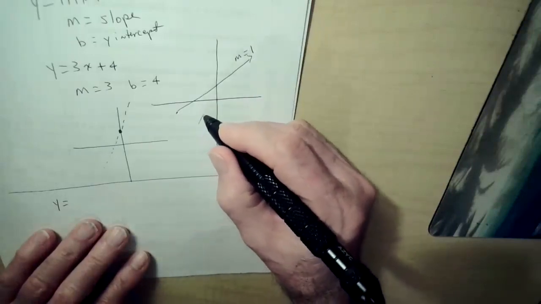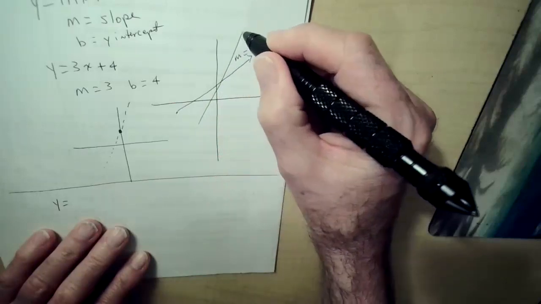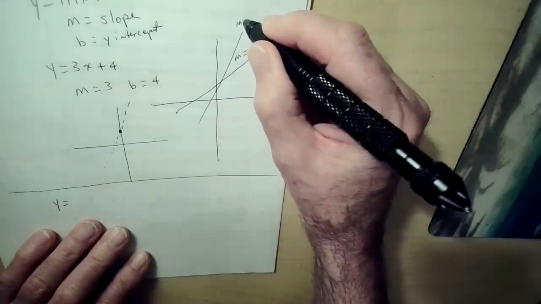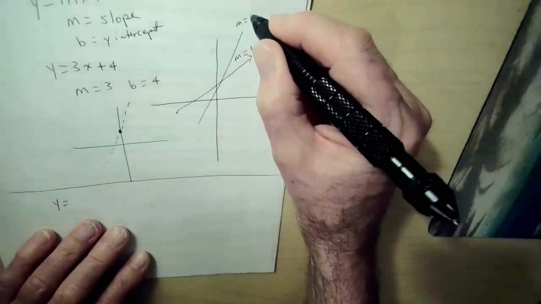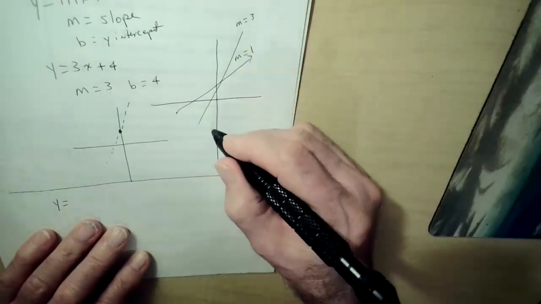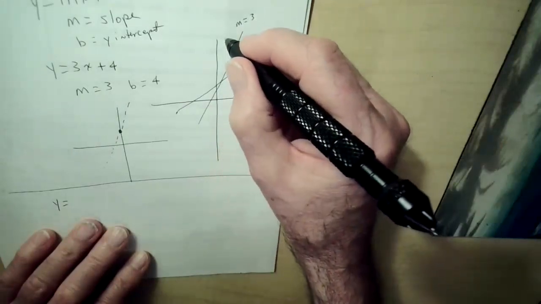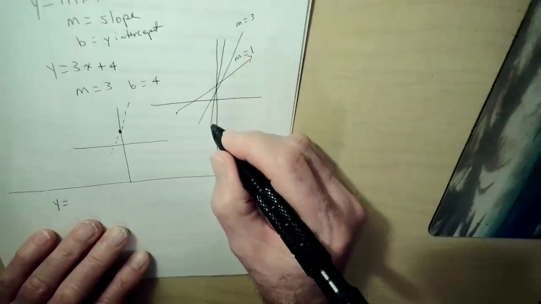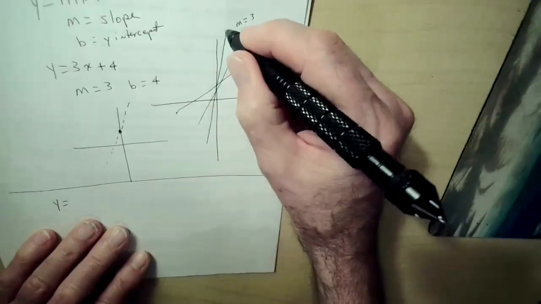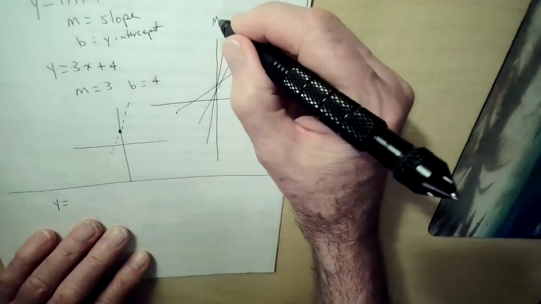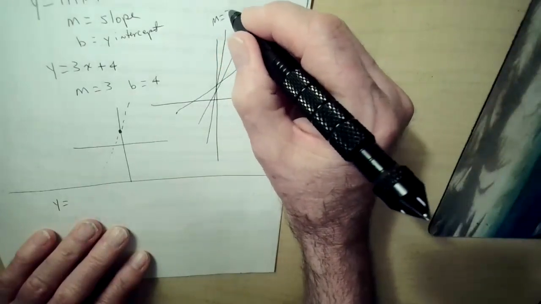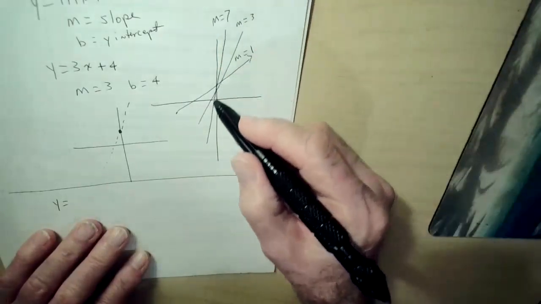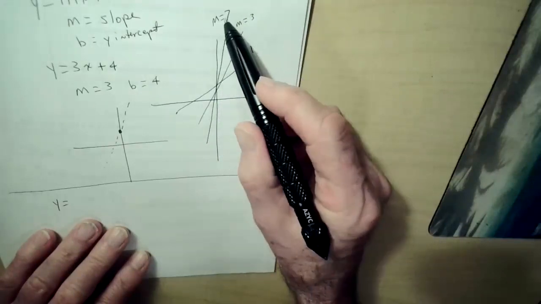This is a slope of probably about 2 or 3, something like that. This is a slope of probably about 7, something like that. Very steep, going up and to the right.